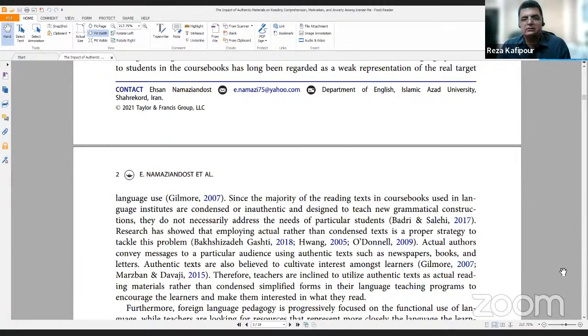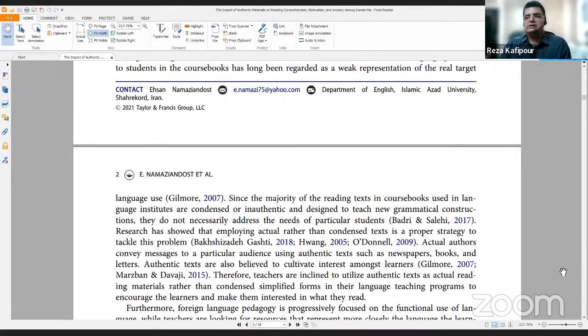Okay, here the writer is talking about the gap. Since the majority of the reading texts in course books used in language institutes are considered inauthentic and designed to teach new grammatical constructions, they do not necessarily address the needs of particular students.